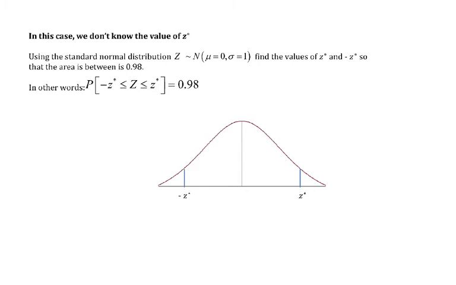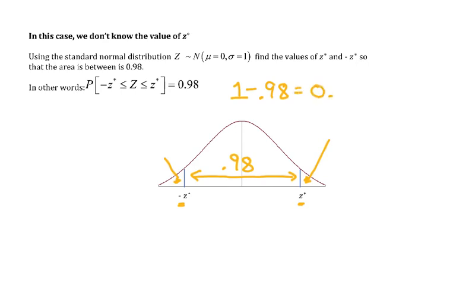And this also sort of gives you another idea of what's really going on here. So this area between z star and negative z star is 0.98. Now, what are these two areas over here? That is what I need to figure out. Well, what is 1 minus 0.98?